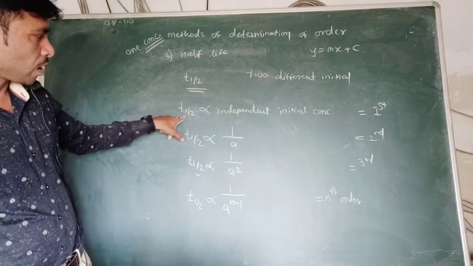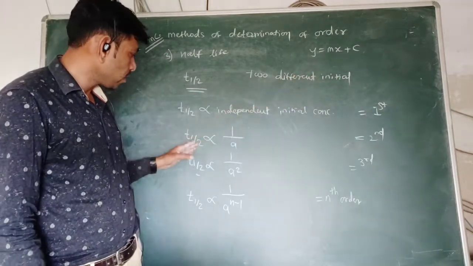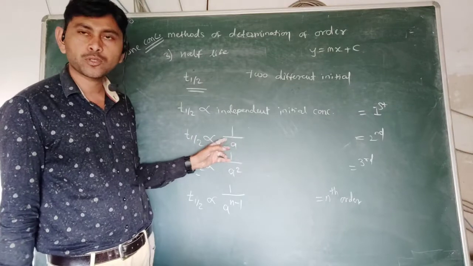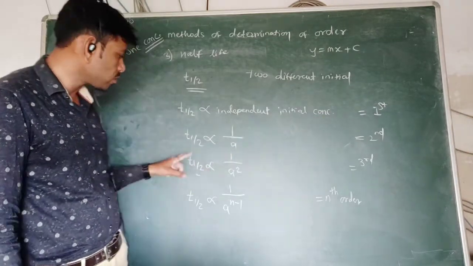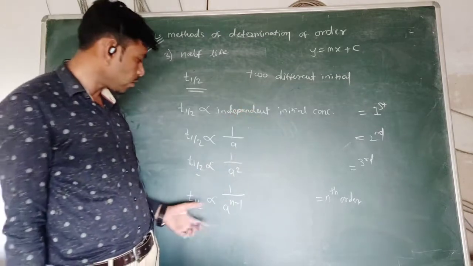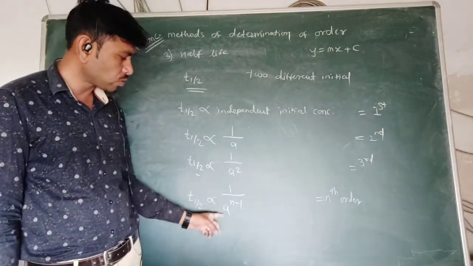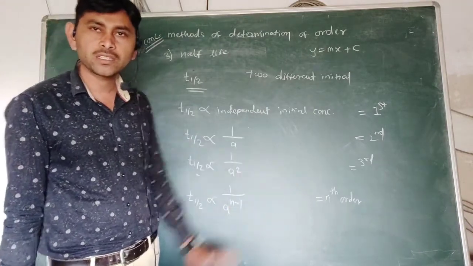If t half is independent of initial concentration, then it is first order; inversely proportional to initial concentration, then second order; inversely proportional to square of initial concentration, then third order. In general, half-life period is inversely proportional to a raised to n minus 1, where n is the order of reaction.